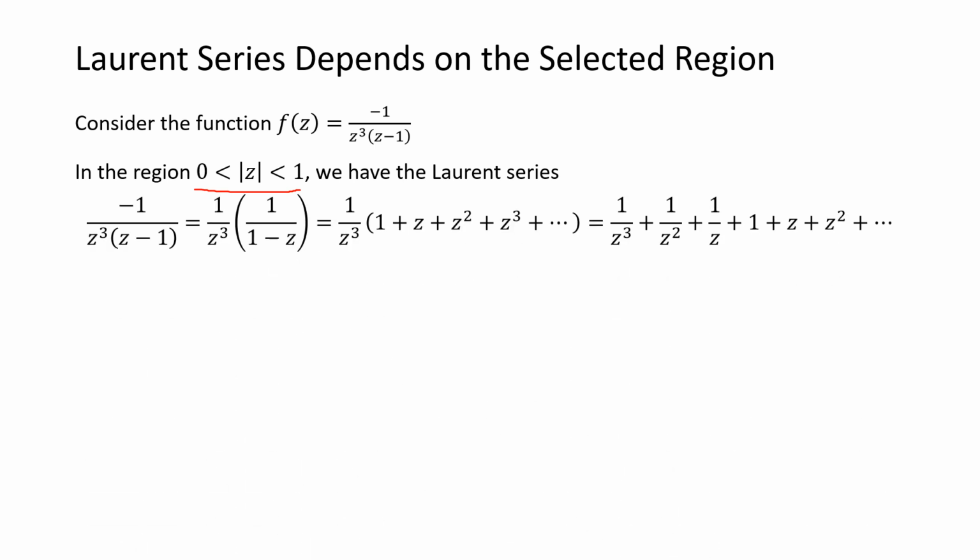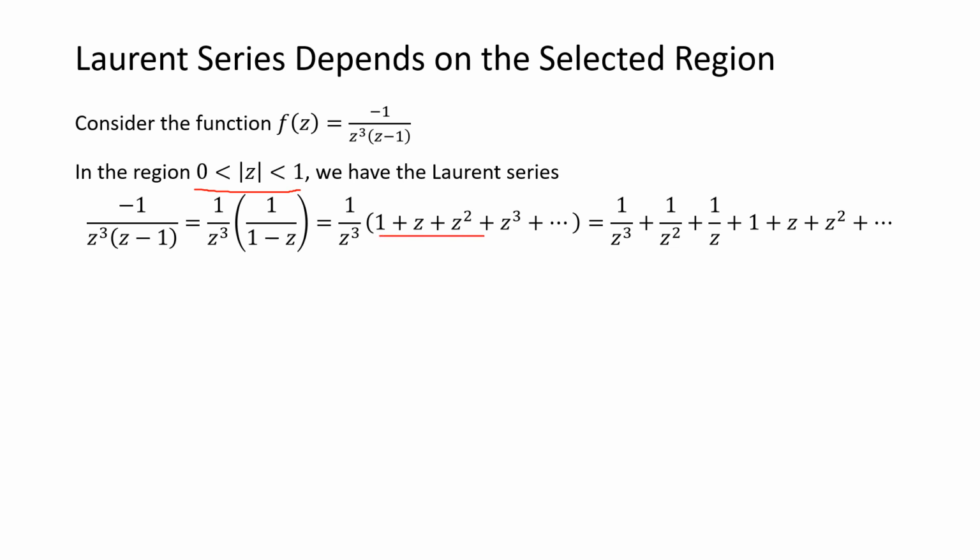And we can take our function, factor out a 1 over z cubed, and then take the minus 1 and put it in the denominator. We get 1 over 1 minus z.